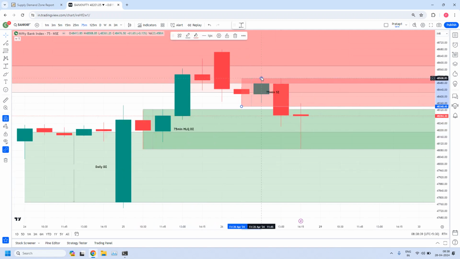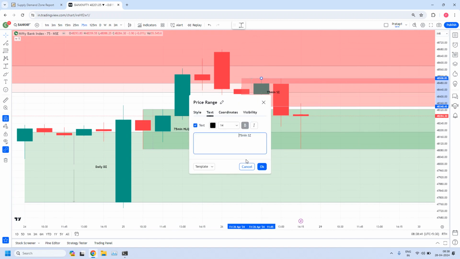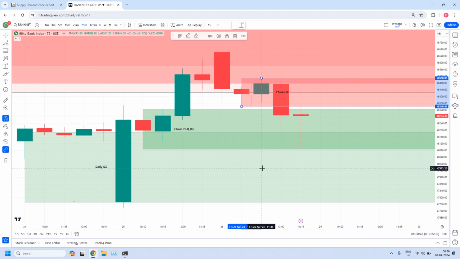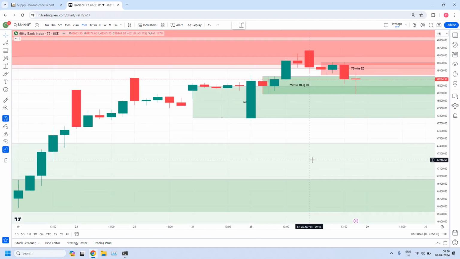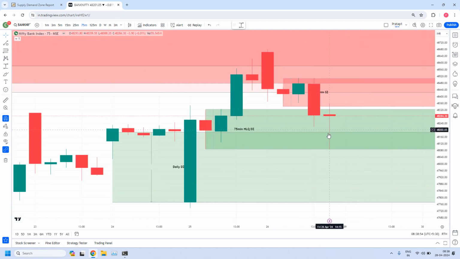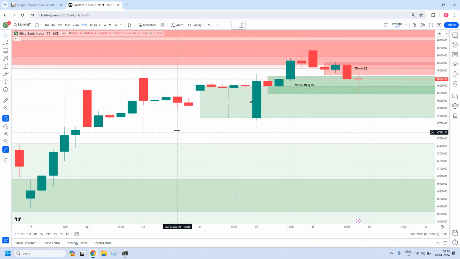And this 75 minutes supply zone is a normal supply zone, not high liquidity. Both are very close, but prices reached up to the distal line, probably just below. There could be some zone there. That we will see.